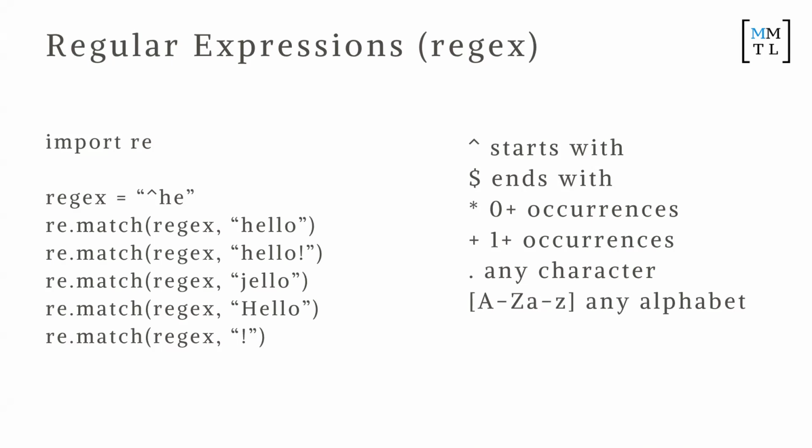Technically, match doesn't return a Boolean, but it returns an object that tells you it matches. So if you run this code, which ones will return true or a match object? Exactly.